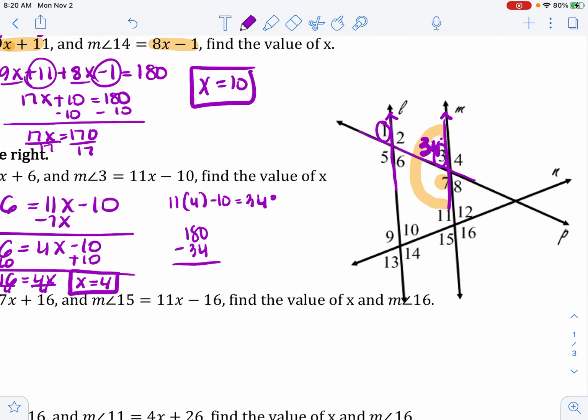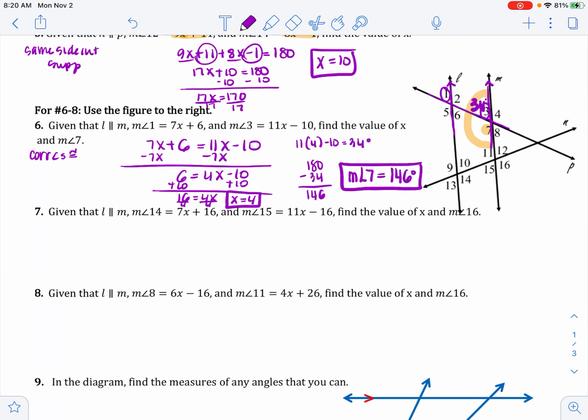So now I know this angle is 34 degrees, so I can do 180 minus that, and I get 146 degrees. So now I know that angle 7 equals 146 degrees.